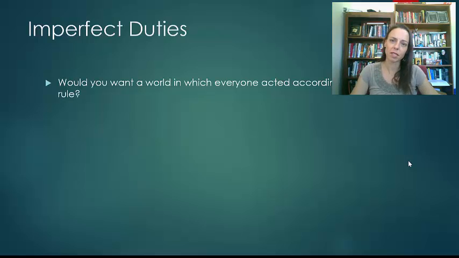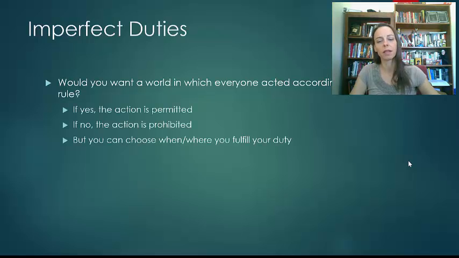So sometimes there are things that we could do if everyone else was doing them, but we wouldn't want to live in a world where everybody acted that way. So these are things that we're going to put in the category of imperfect duties. Would you want a world in which everyone acted according to this rule? If the answer is yes, I would be okay with living in a world where everybody did this thing, then the action is permitted.